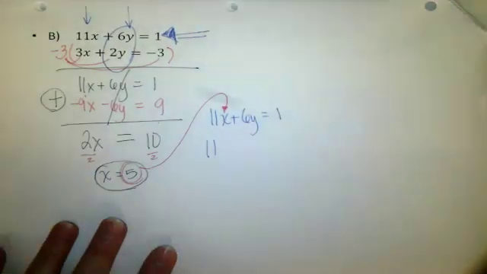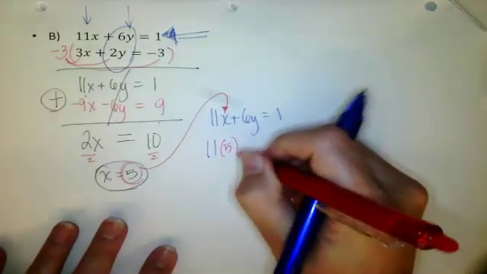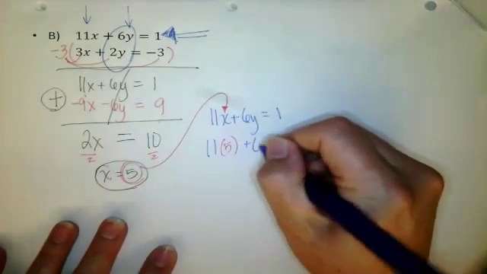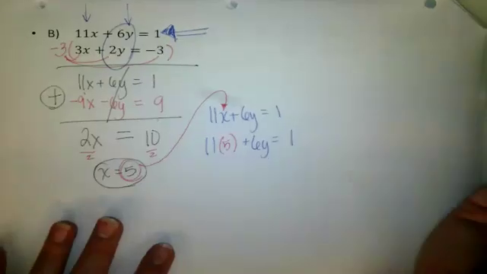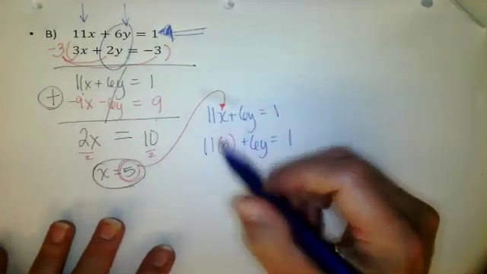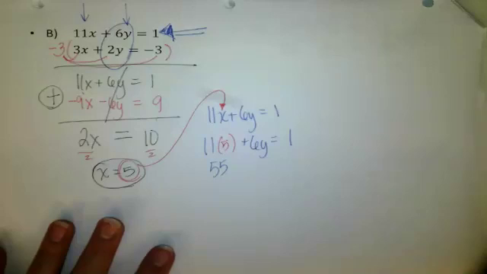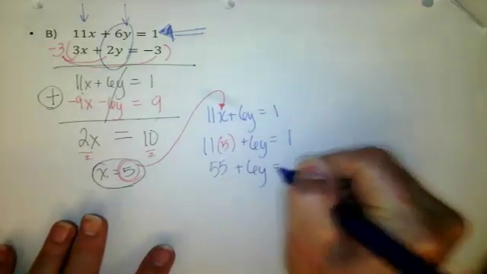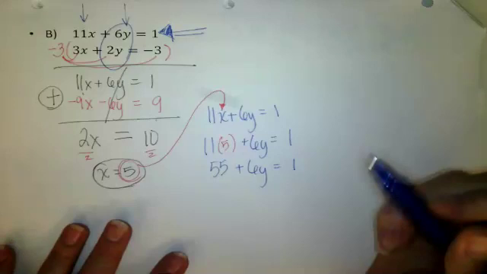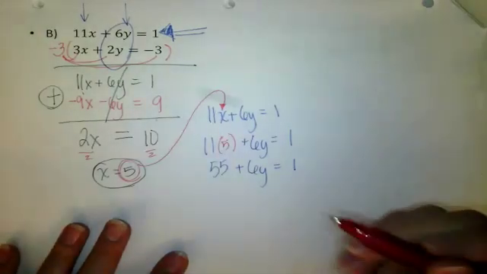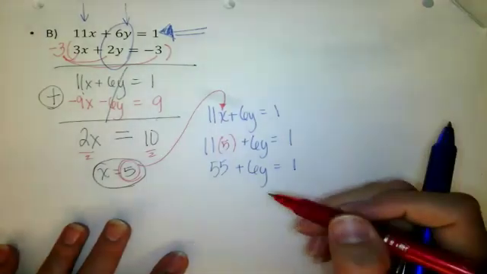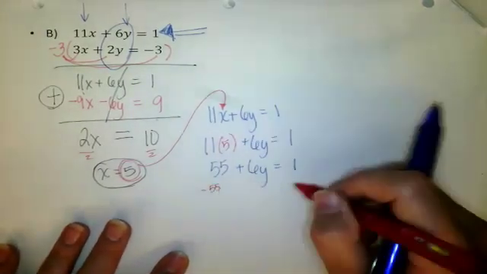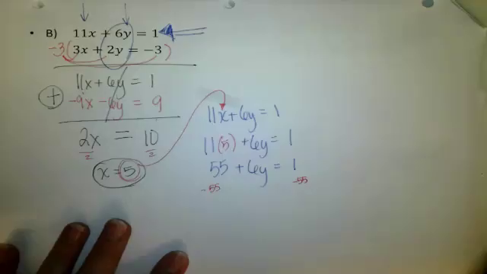So we have 11 plugging in a 5 plus 6y equals 1. 55, no x. We replaced the x, right? Yeah. Plus 6y equals 1. And then what do we need to do, Ryan? Yeah, subtract 55.